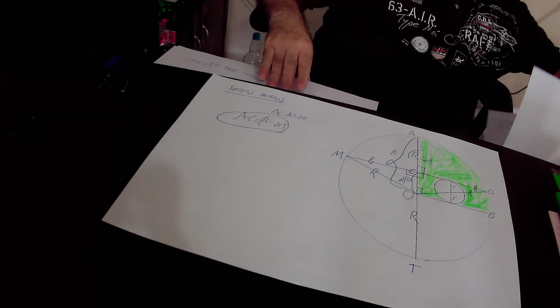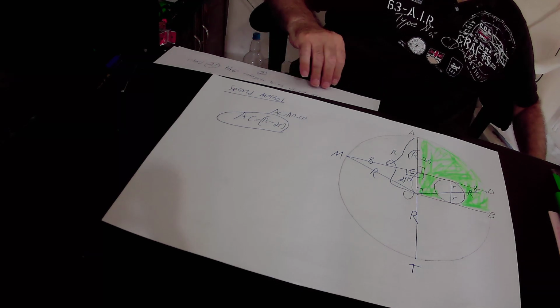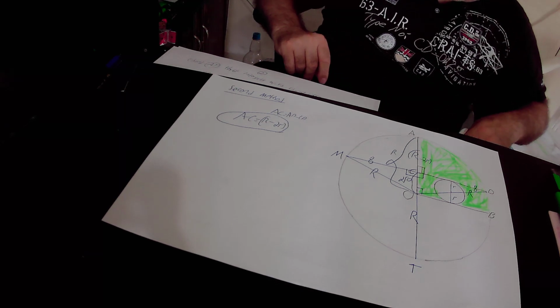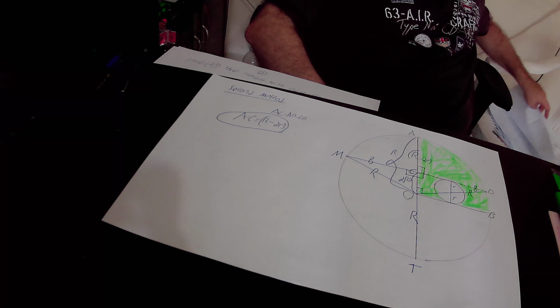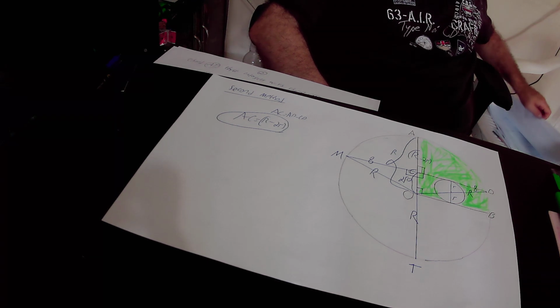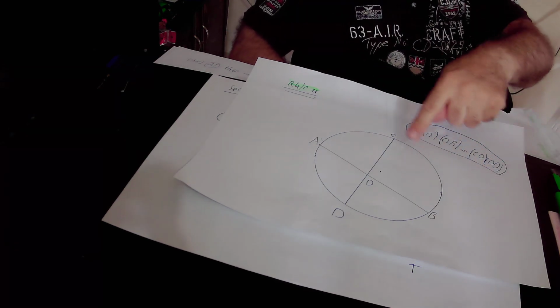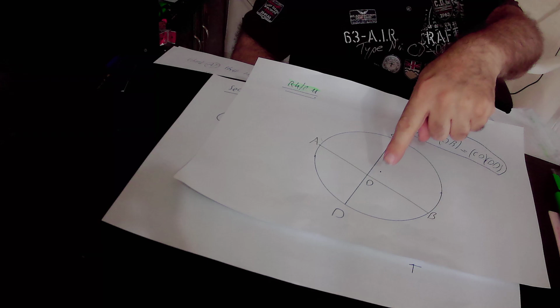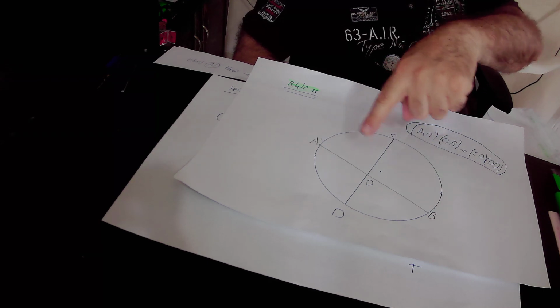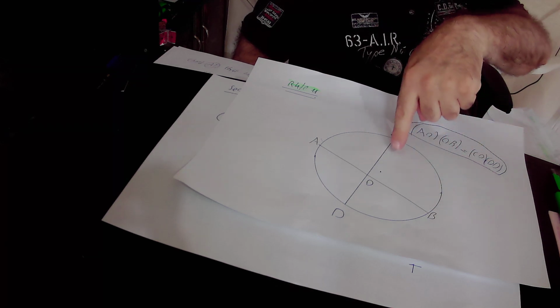Then I presented to you rule number 11, and we implemented rule number 11 in our drawing. According to rule number 11, if we have chord AB that intersects with chord CD at point O, then AO times OB equals CO times OD.